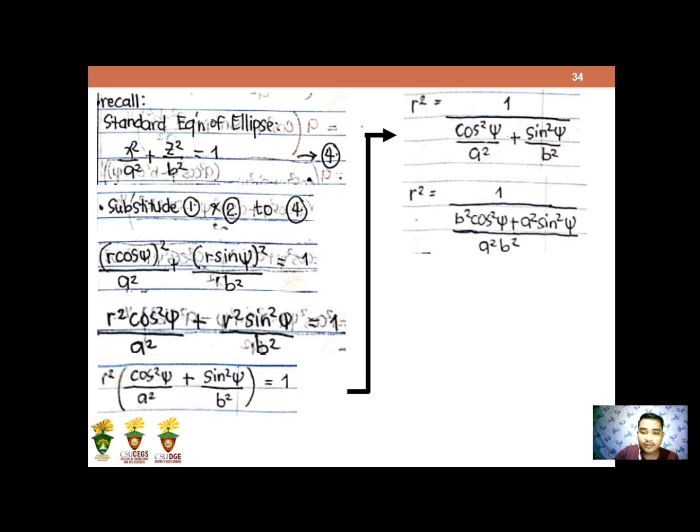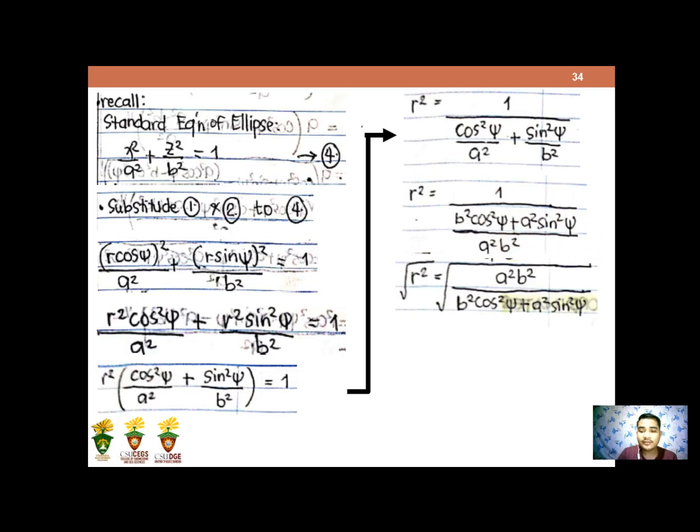And we take their common value, which is a squared b squared, into the denominator side. So r squared is equal to 1 over b squared cosine squared geocentric latitude plus a squared sine squared geocentric latitude all over a squared b squared.